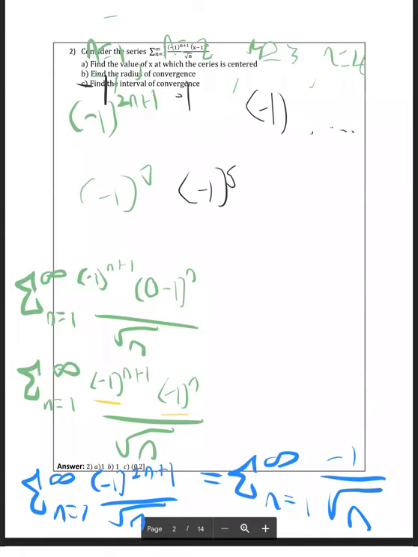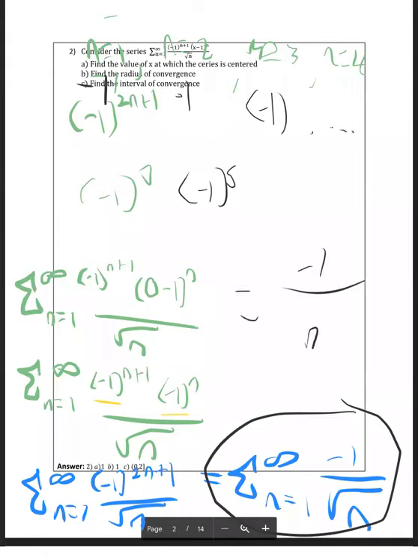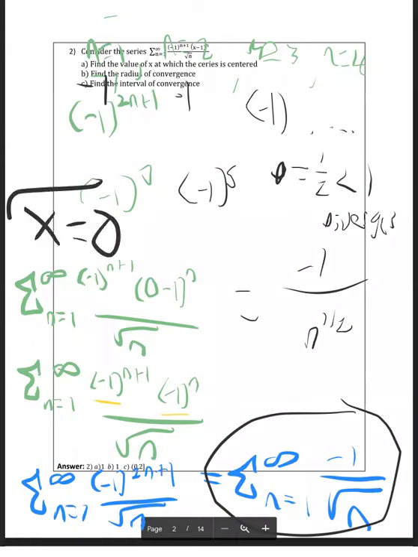So this is a divergent P series, because this is technically -1 over n to the 1/2. If you remember the P series test, when P is less than 1, it diverges. So the whole point of this: we plugged in x equal to 0 and we got divergent.